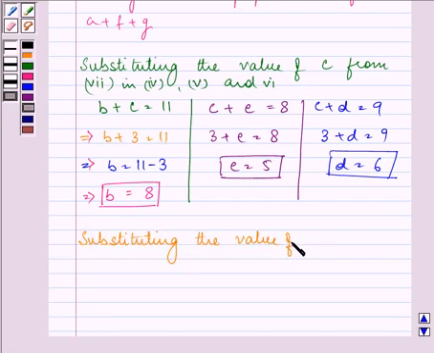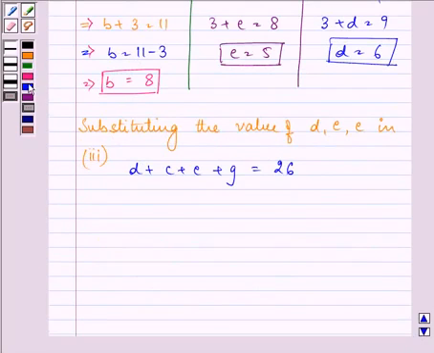Right. Now on substituting the values of D, C, E in the third equation, we'll have D plus C plus E plus G was 26. Now, let us substitute the value of D is 6, C is 3, E is 5, and we have the value of G coming as 12.